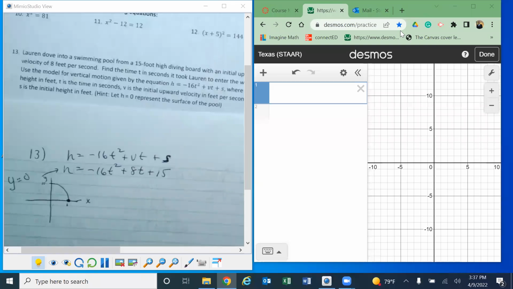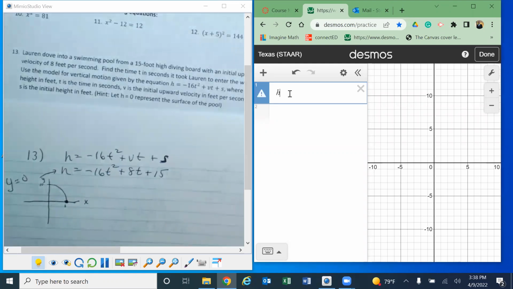Okay, so I should be able to see both of my screens here. I'm going to put the equation you see over here on the screen. This is how you can do all problems. This is H, so I'm going to put H. I mean, we could put Y, we could put H of T. Most of them will say, because there's a T right here and an H, they'll want you to put this, but it doesn't matter.